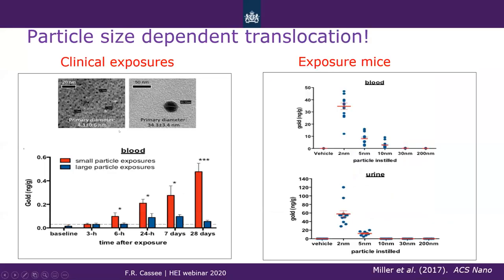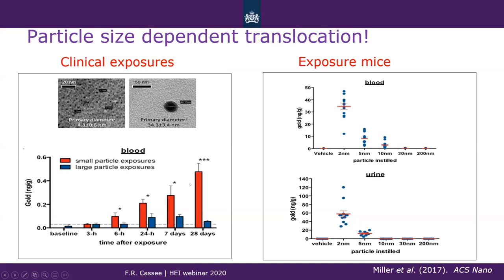And again, to illustrate how important size is, we've done work in Edinburgh with my colleagues at Edinburgh University, where we exposed volunteers to gold as a relatively inert, low toxic material. We did two different sizes, roughly 1 and roughly 34 nanometer.